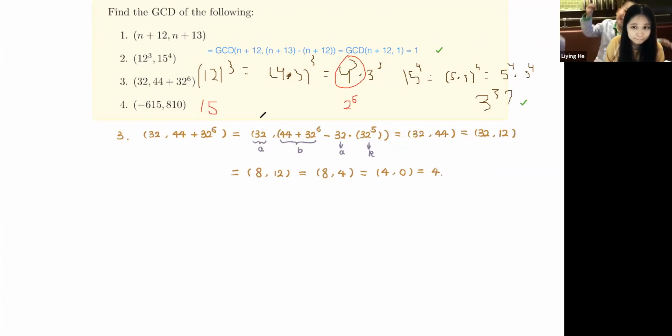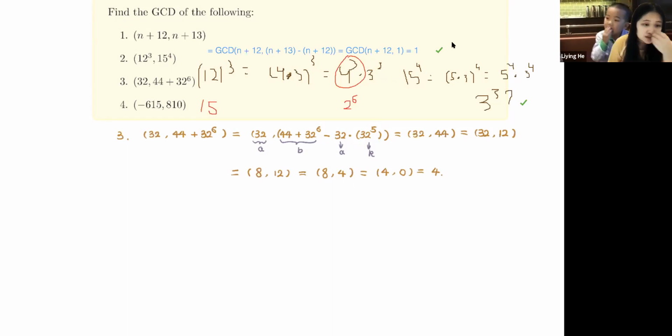Okay? Any question? Can we stop at 8, 4? Well, if you can use 8, 4 to get the GCD equals 4, then sure. Any other question? Not from you. Okay, cool.